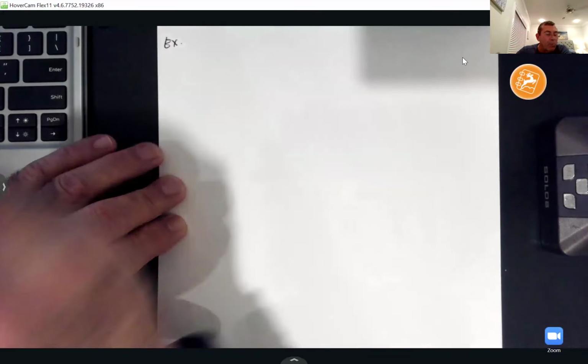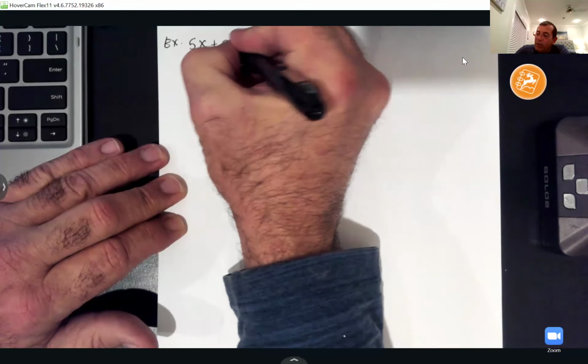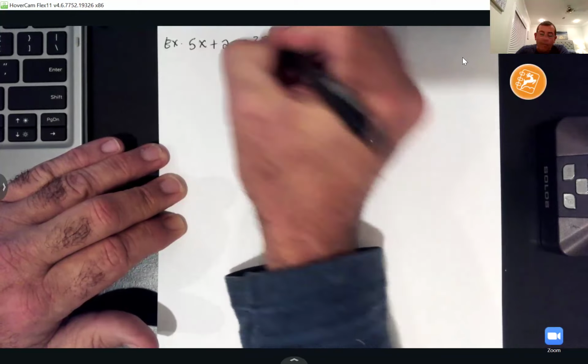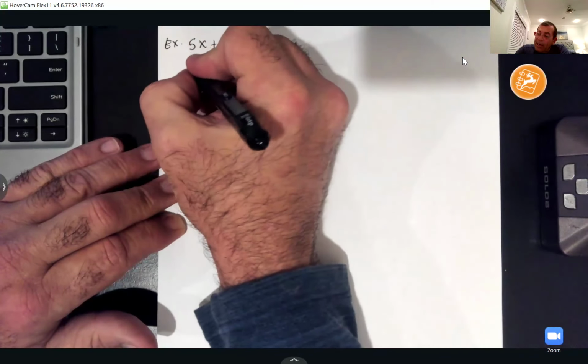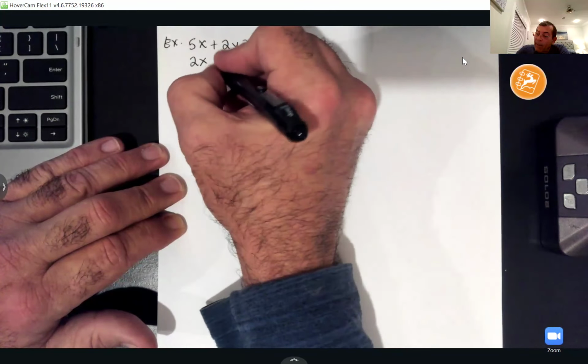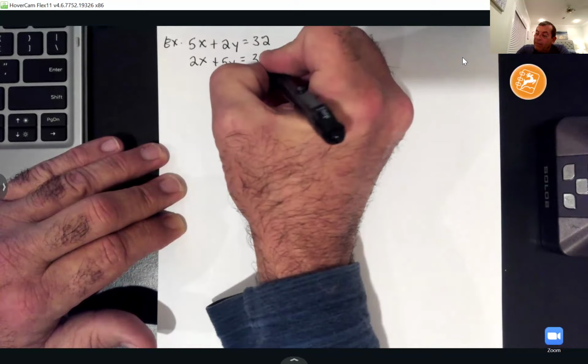So for this one, they want us to solve 5x plus 2y equals 32, 2x plus 5y equals 38.